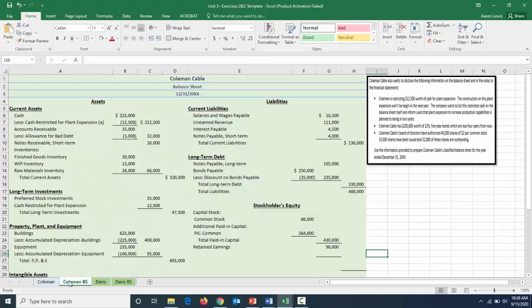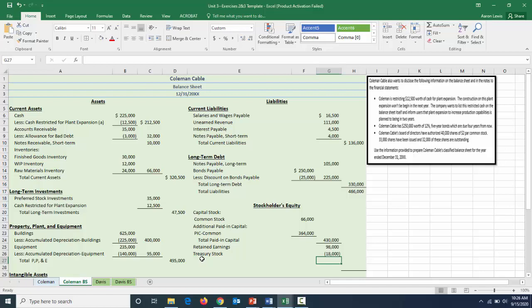So let's take that treasury stock and subtract it out. At the time, our information tells us that we had $18,000 of treasury stock on our books. So we're going to get rid of that.